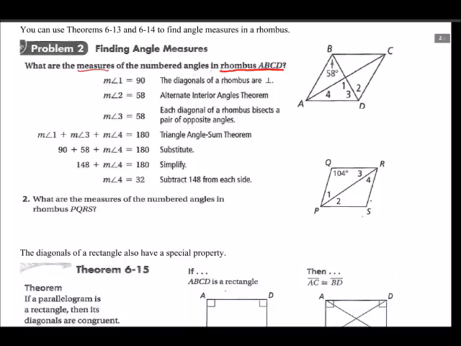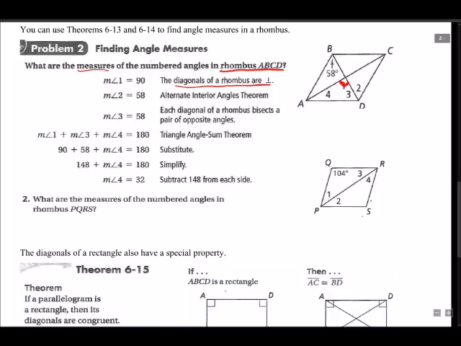So all of our parallelogram rules apply here, as do our rhombus rules. So we have 4 congruent sides. What do we know about a rhombus? We can do angle 1 right here because what do we know first off? The measure of angle 1 is 90 degrees because it's a right angle. The diagonals of a rhombus are perpendicular. So we've got one angle down right now.